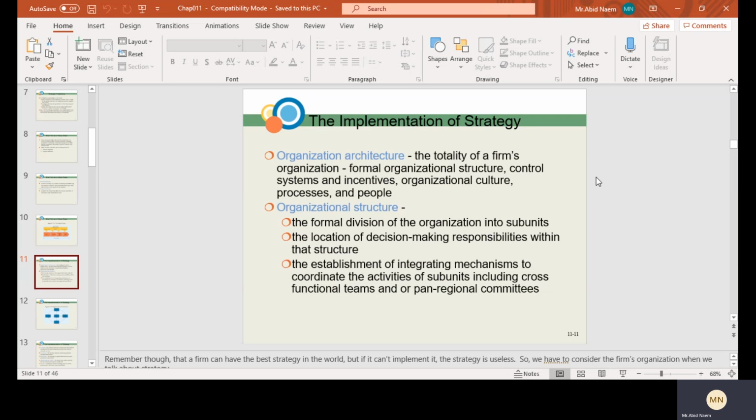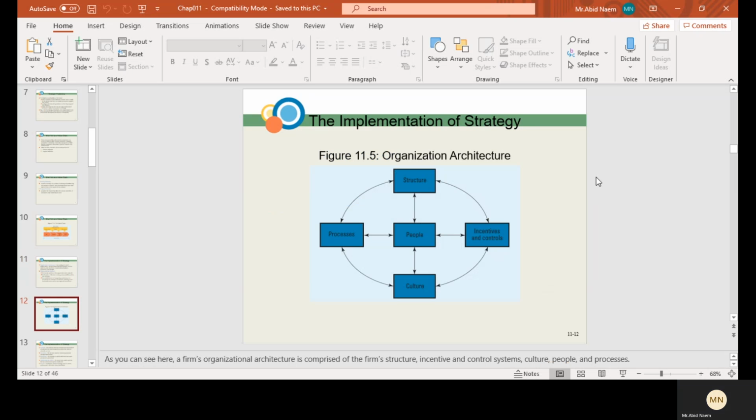Maybe if a team consists of 6 people, these 6 people can belong to 6 different departments, but they will be collaborating for the single cause of fulfilling the requirements of consumers. Or it can be pan-regional. Maybe one member can be from the Asian region, one from the European region, and the composition of the team can include people from regional and divisional headquarters as well, to name a few.